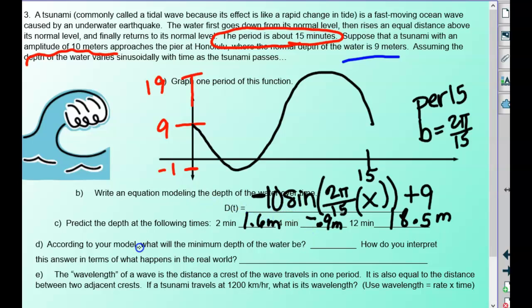Okay, according to your model, what will the minimum depth of the water be? -1 meter. How do you interpret this in terms of what happens in the real world? I'm just going to say the shoreline, or the water, would recede.